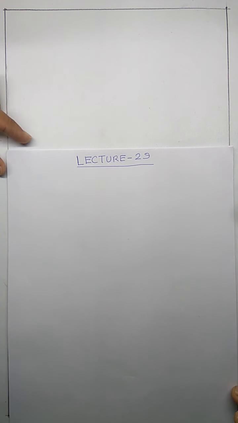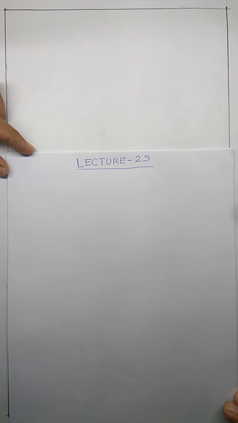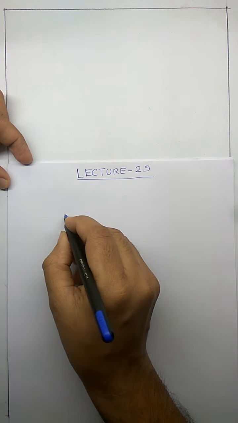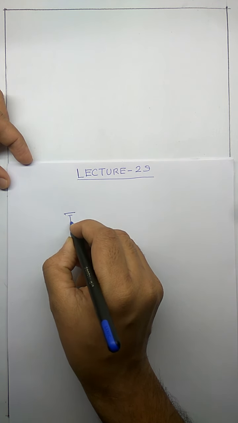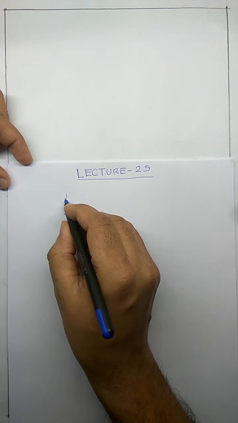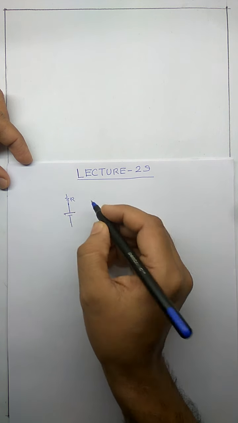Before we go into a synchronous machine, let's look at a simple case of connecting two DC sources in parallel. Let's say this is a DC source and it has an internal resistance R1.